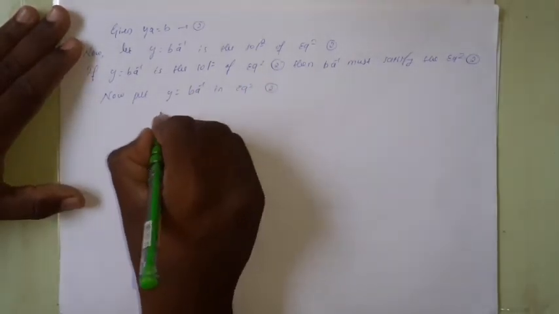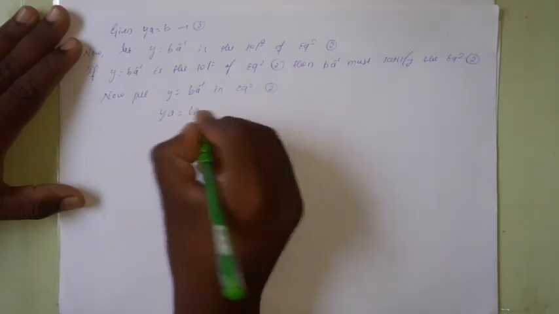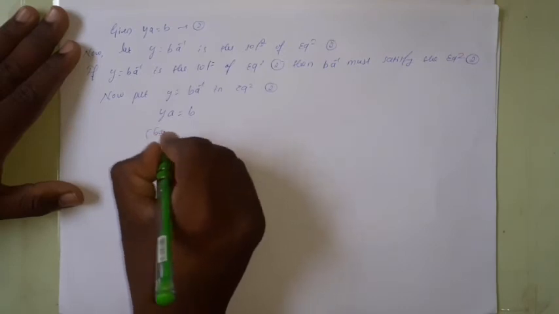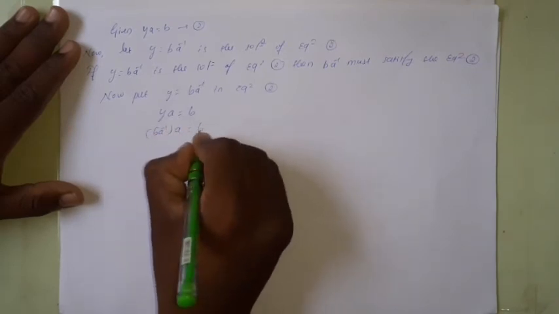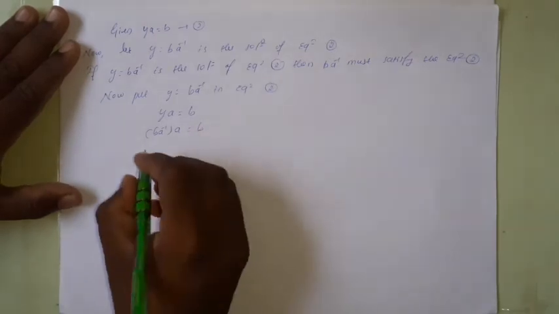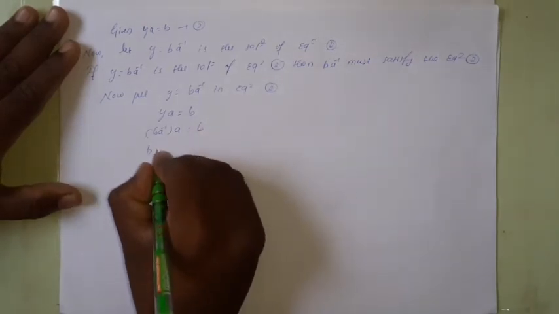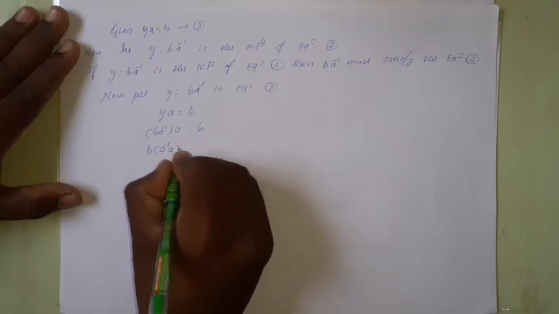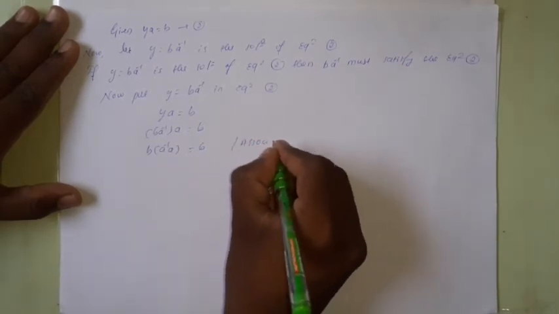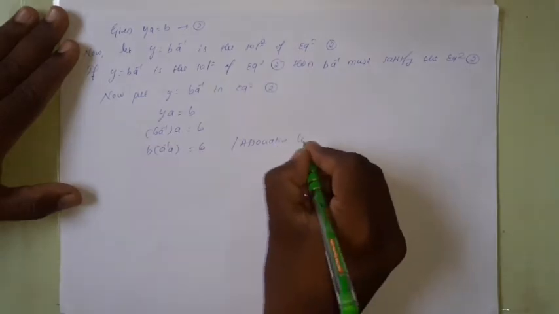The given equation is Ya is equal to B, and we substitute y as BA inverse into A is equal to B. Then by using the associative property, we can write the same as B into A inverse into A is equal to B. This is by using the associative law.